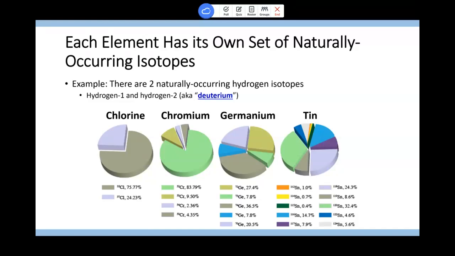The other thing that I want to talk about or emphasize is hydrogen. So hydrogen has 2 naturally occurring isotopes. One is hydrogen 1. Hydrogen is element 1 on the periodic table. Hydrogen 1 has 1 proton and 0 neutrons. So its mass number is the same as its atomic number.